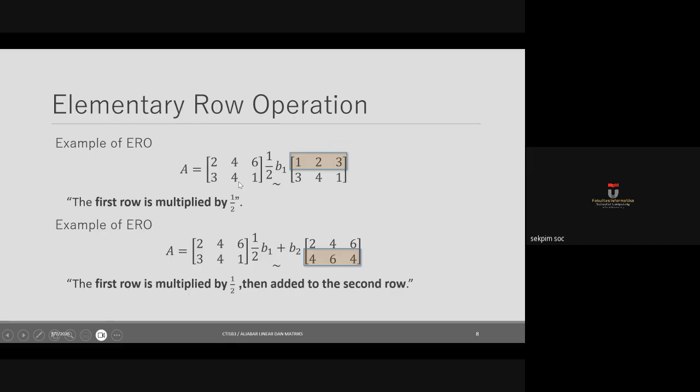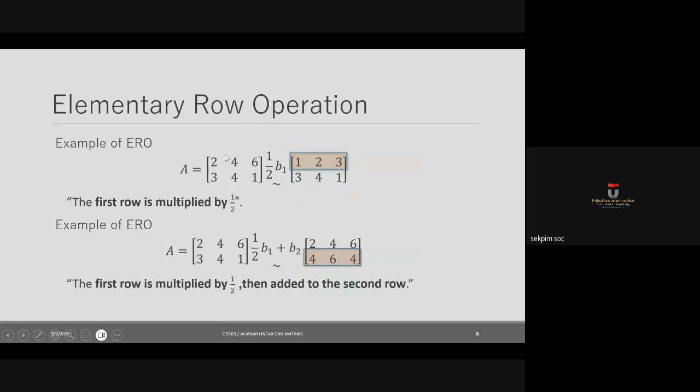And in this matrix, you want to do one elementary row operation by multiplying a row with a non-zero scalar. In this case, the non-zero scalar is half, and you just multiply row 1 with half.